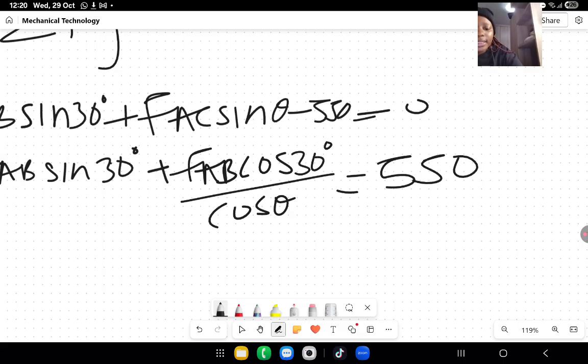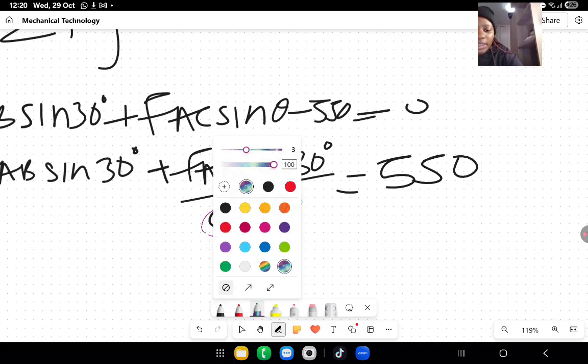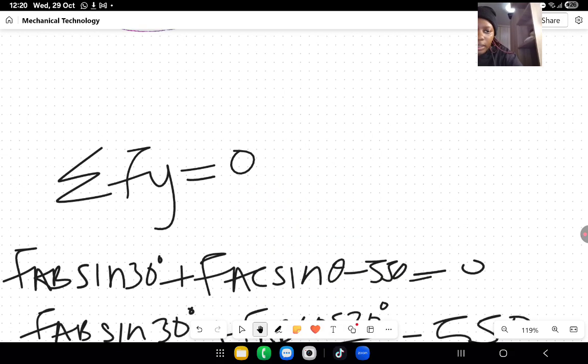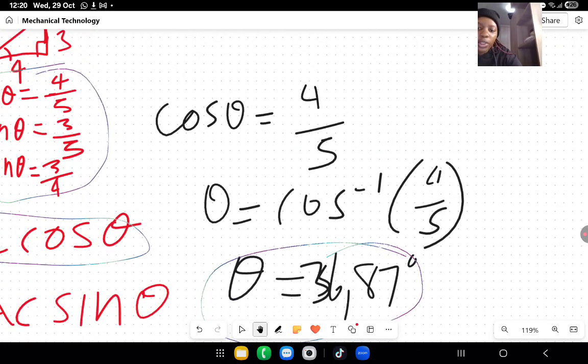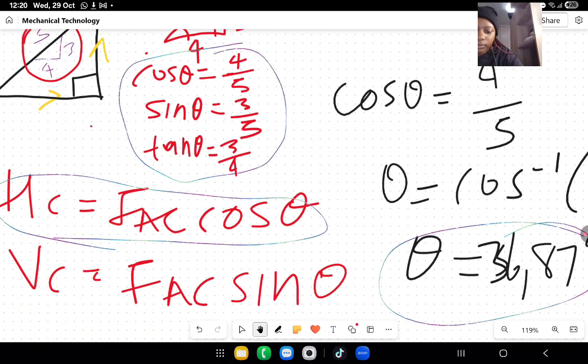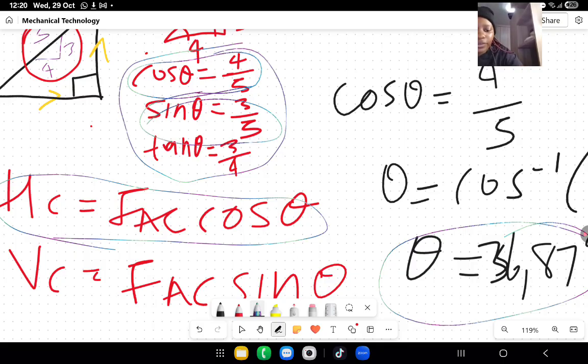Where we see cos theta, we replace it with, let me go and check, we said cos theta equals 4 over 5. Then where we see sin theta, we replace it with 3 over 5.